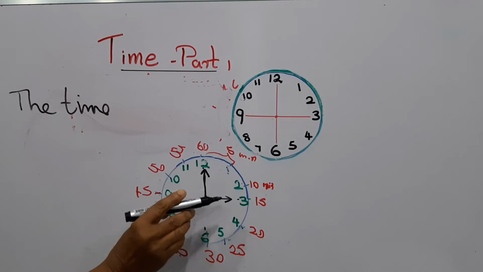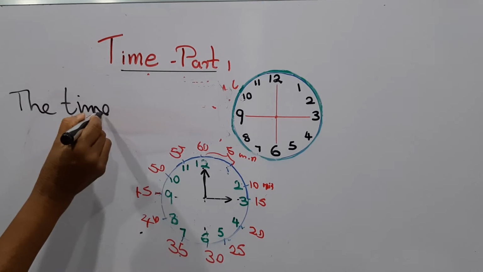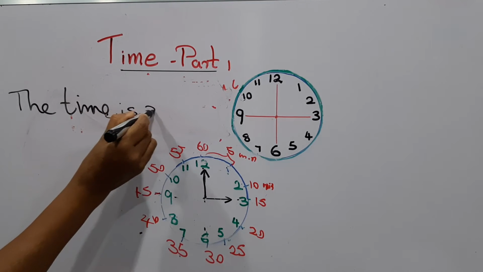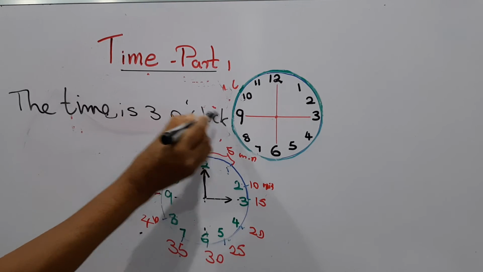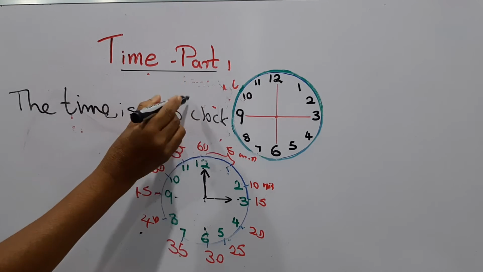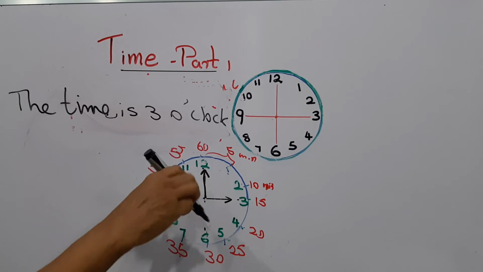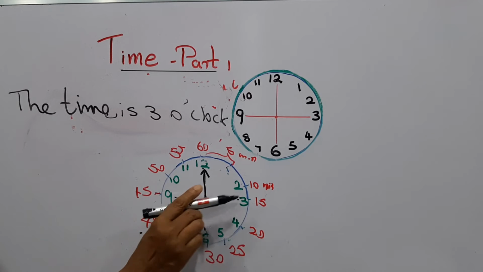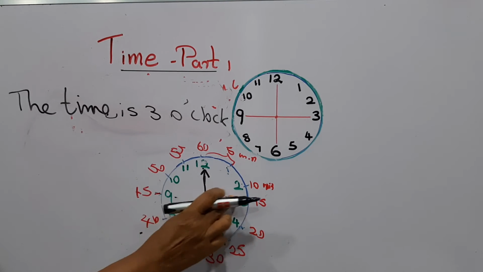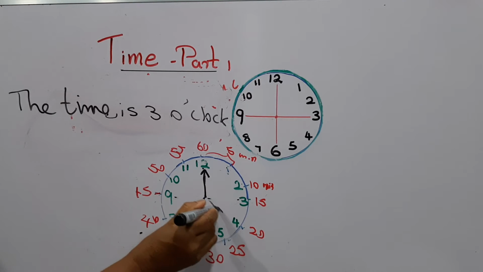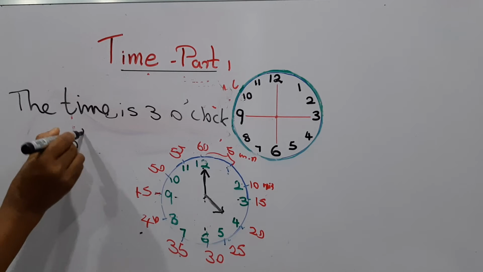The hour hand is towards 3, then that means the time is 3 o'clock. The time is 3 o'clock. When the minute hand rotates once, the hour hand moves towards 4. That means the time is 4 o'clock.